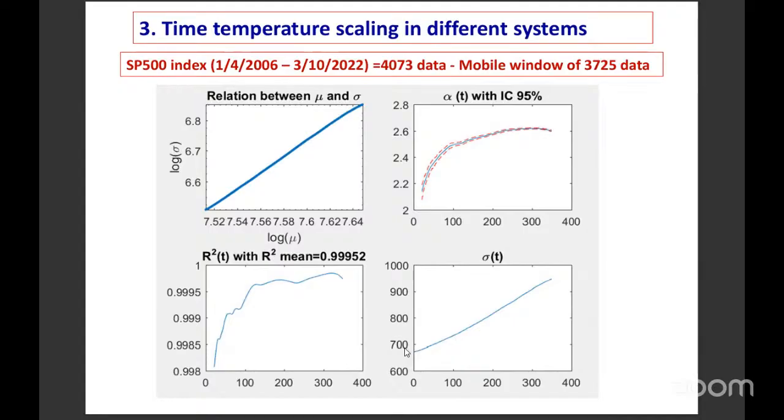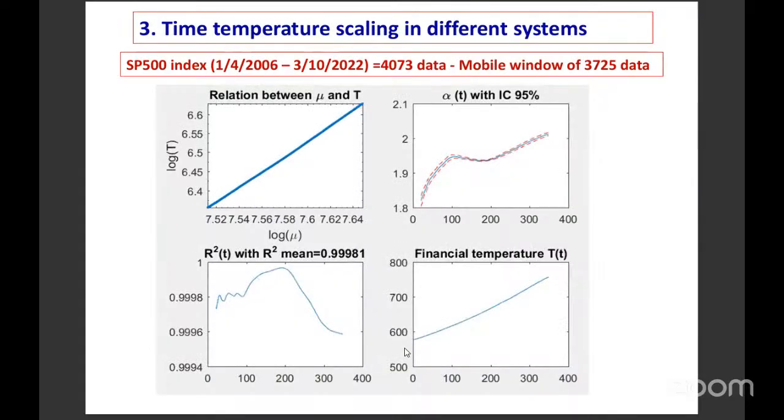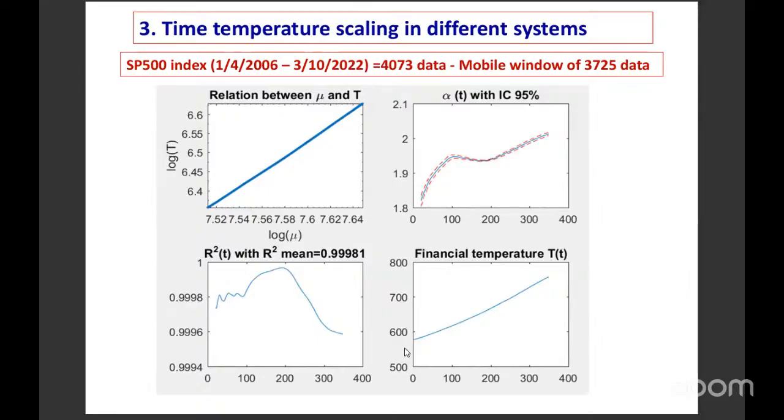But in contrast, using the temperature of complete systems, defined as I presented as the first central absolute moment, we can see that the exponent is different from the exponent of the time fluctuation scaling.